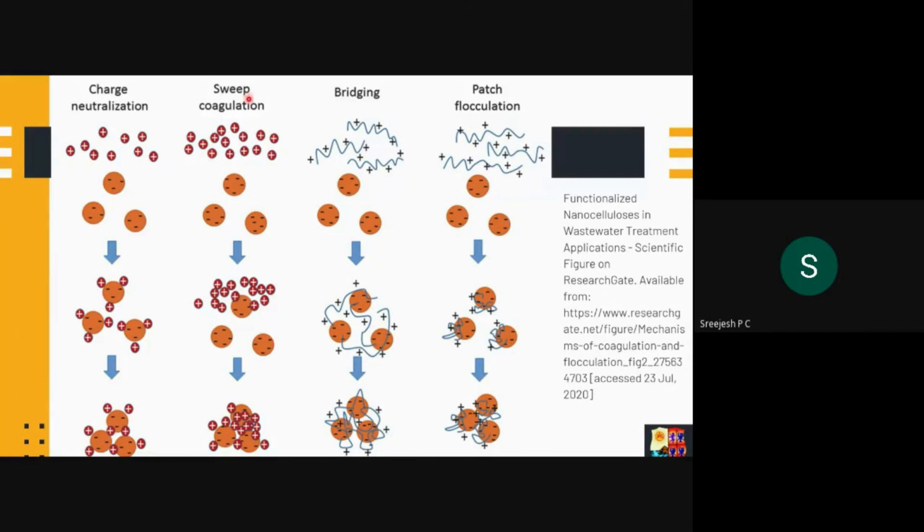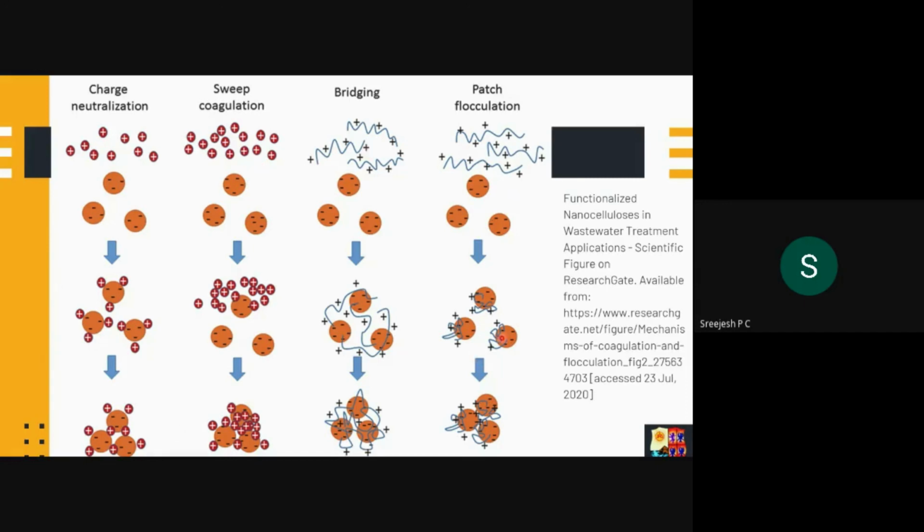Or there is another process called sweep coagulation, which makes it a little more efficient. Or we do bridging, where we add polyvalent materials, which can be a polyelectrolyte, causing bridging between the molecules. Or a patch type of flocculation can take place.